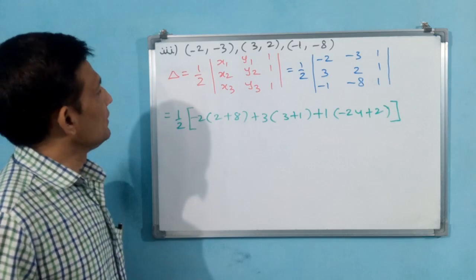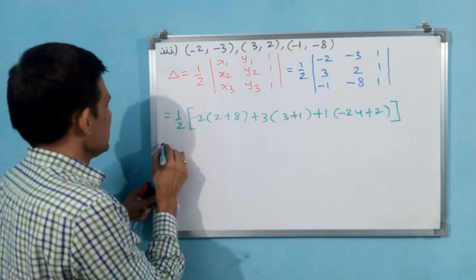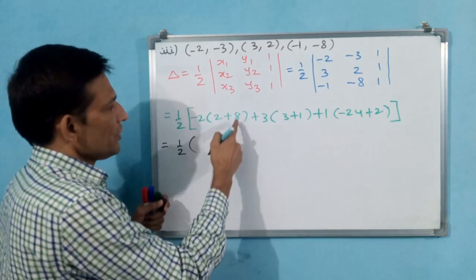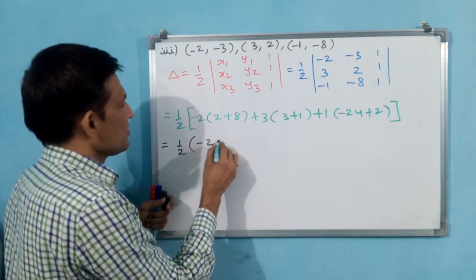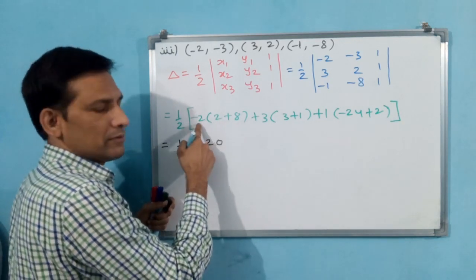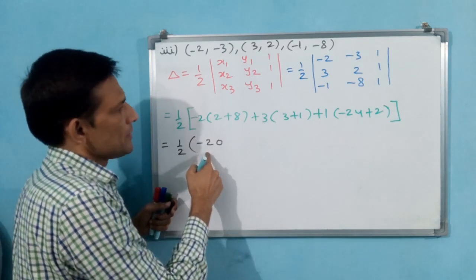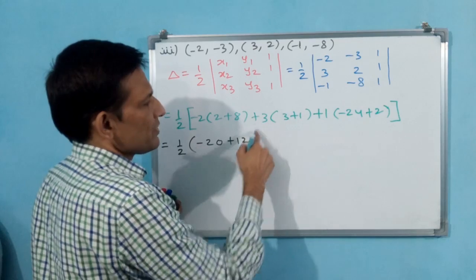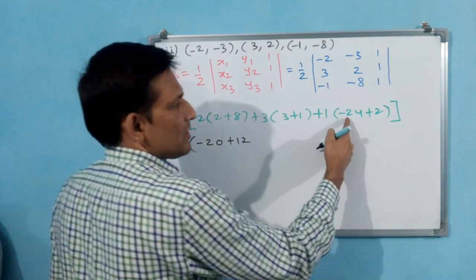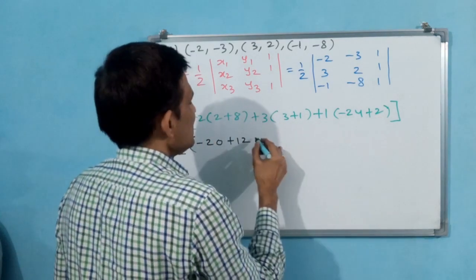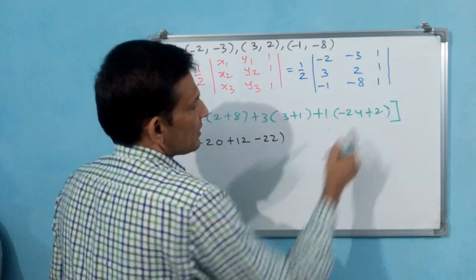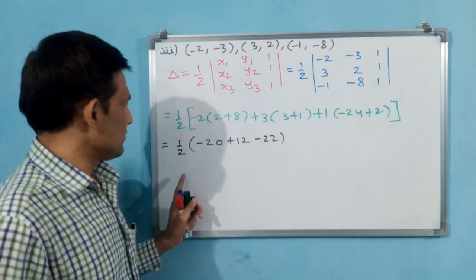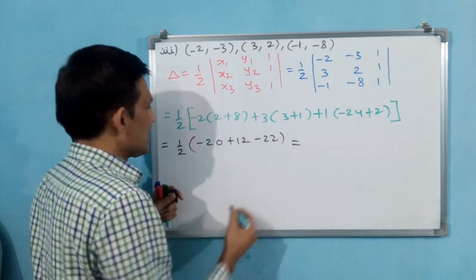Okay. Now you see that is equal to half, 10 minus 20. Is it okay? Why? Because 10 into 2, 20 minus 4 into 3 plus 12. Is it okay? 4 into 3, 12. See, minus 22. Is it okay? Why? Because minus 24 plus 2, minus 22. Okay, now again you finalize this.